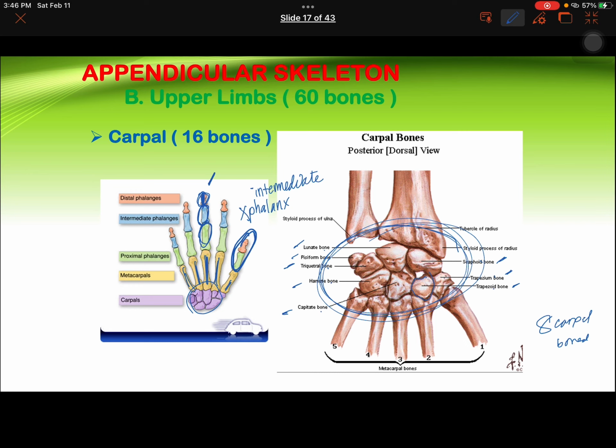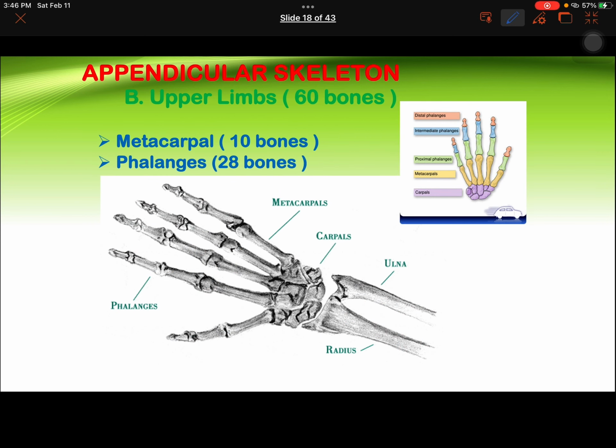It only has a distal and a proximal phalanx. So you have your metacarpal bones, the palm bones, and your phalangeal bones. Again, this is the proximal phalanx, the intermediate or middle phalanx, and then the distal phalanx.